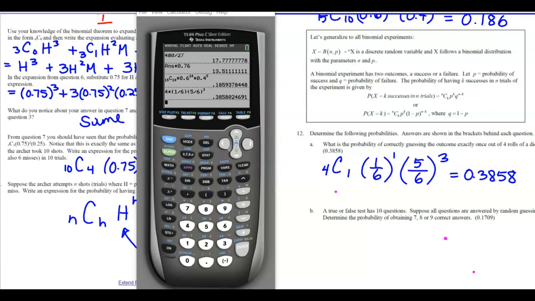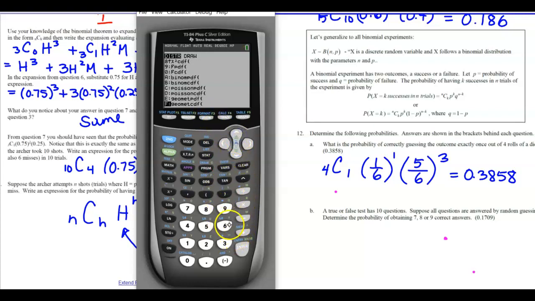Within your calculator, just like last year when we did the normal distribution, remember that probability? If you go 2nd Vars, you can see the normal distribution there that we used last year.